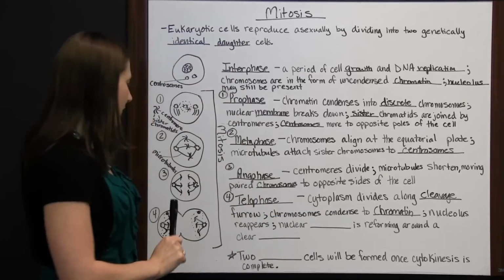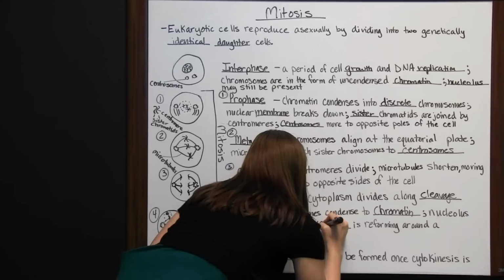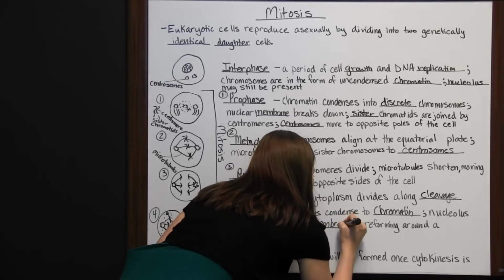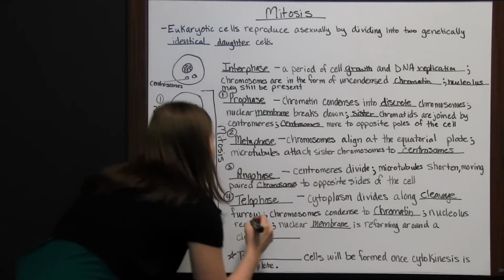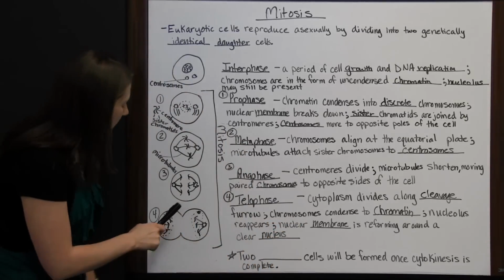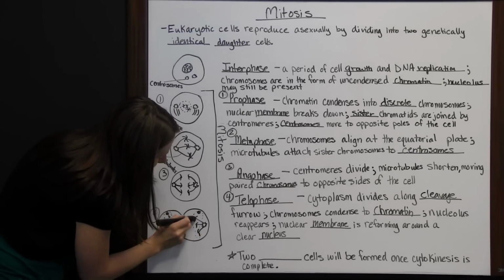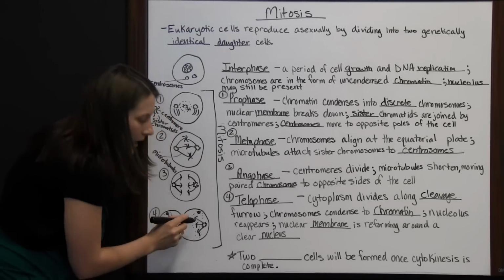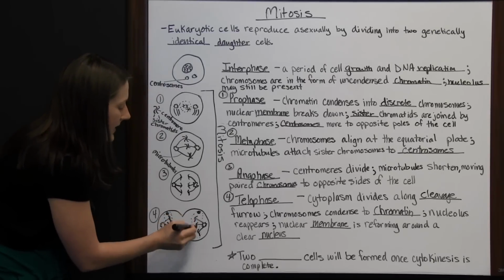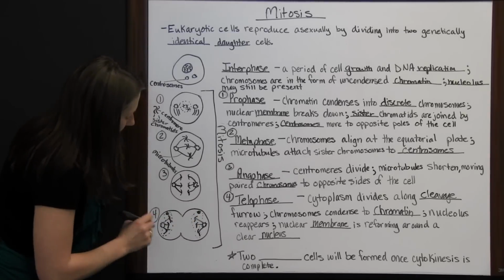And the nucleolus reappears, and the nuclear membrane is going to be reforming around a clear nucleus. So you see the nuclear membrane is forming around where your uncondensing chromosomes are, and your nucleolus has reappeared.